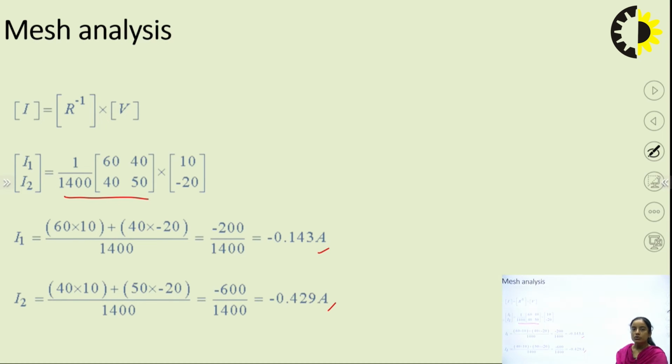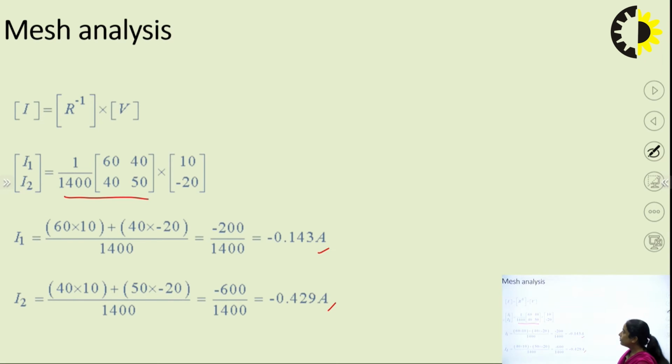Okay, the advantage of the matrix approach for solving equations is that, suppose you need to calculate only current I2, or only current I1, suppose only one current is needed for your solution, then you can directly apply Cramer's rule.